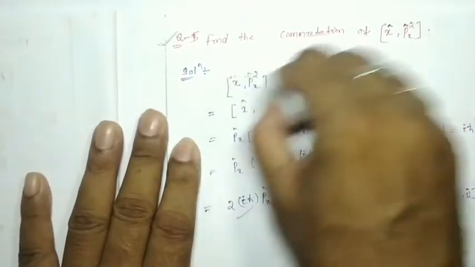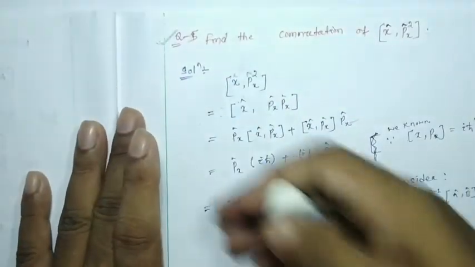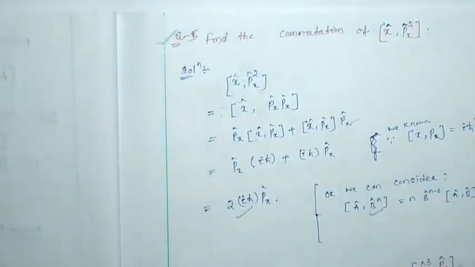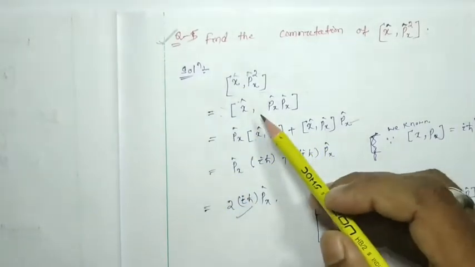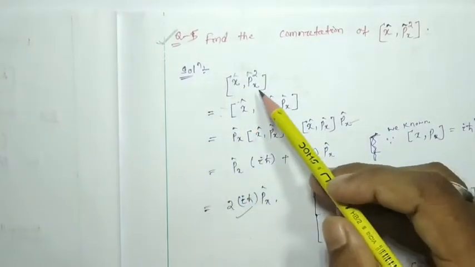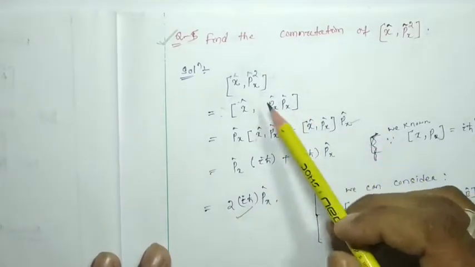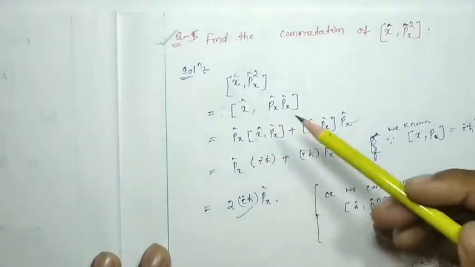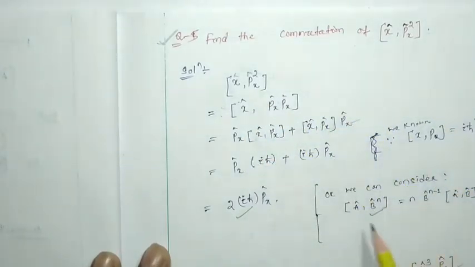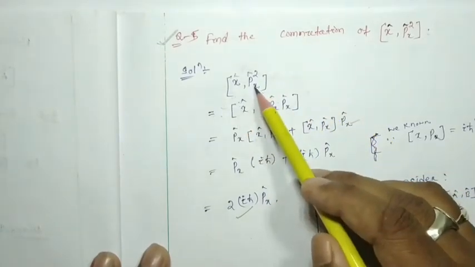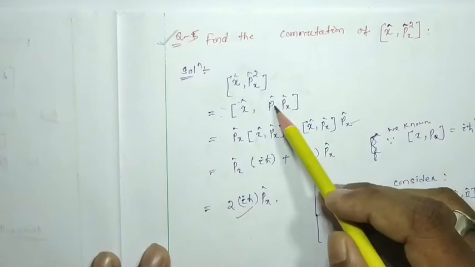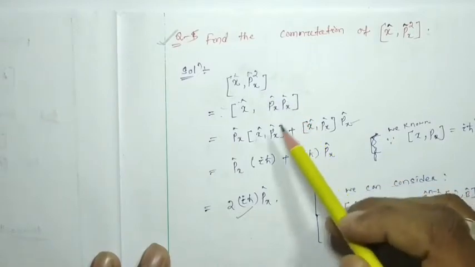So here, similarly as we discussed previously, in that way we are going to do it first step by step, then we are going to put in the formula. So here p x cap square can be written as p x cap into p x cap.